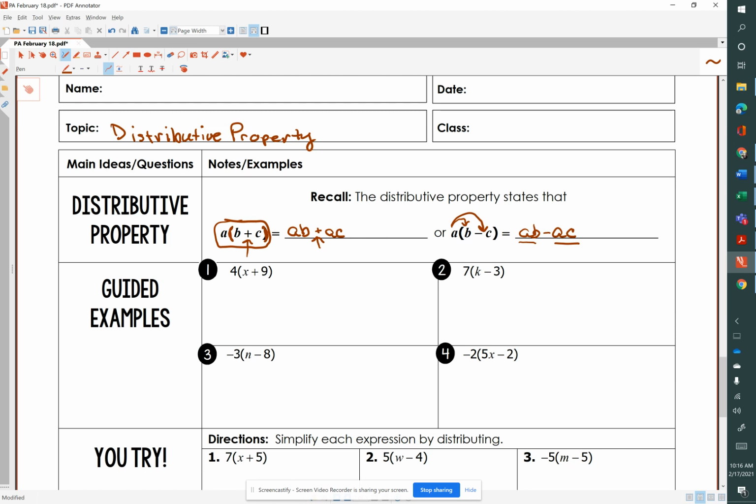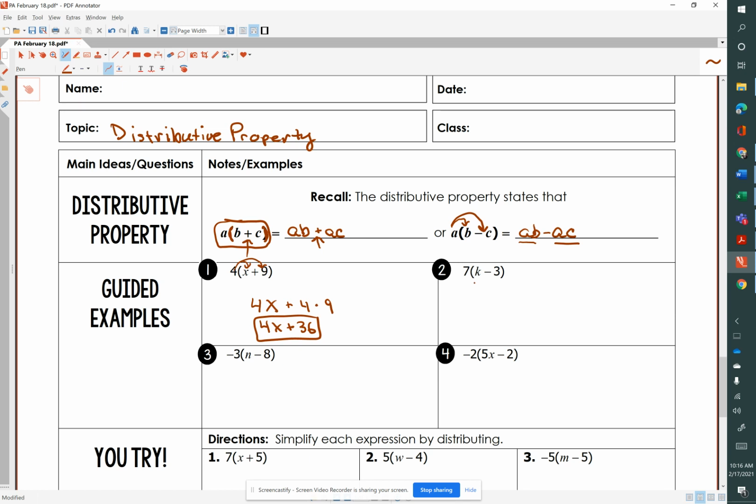So let's do a few examples together. We'll do 1 through 4. So we have 4 times x, which is going to give us 4x, and then we have plus 4 times 9, and let's simplify that to 4x plus 36. 9 times 4 is 36.